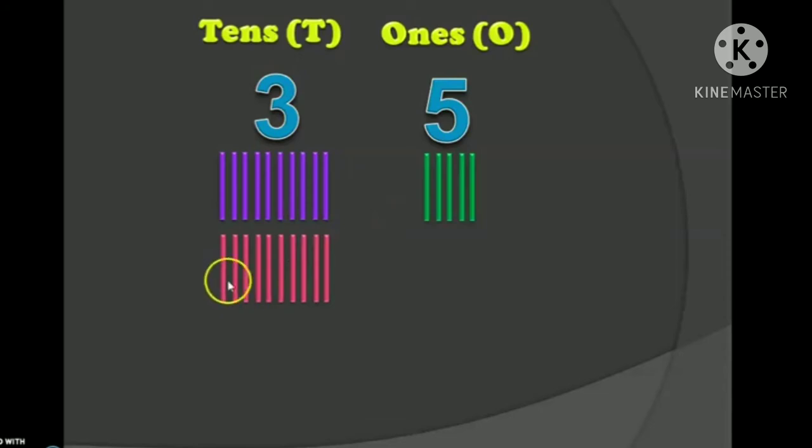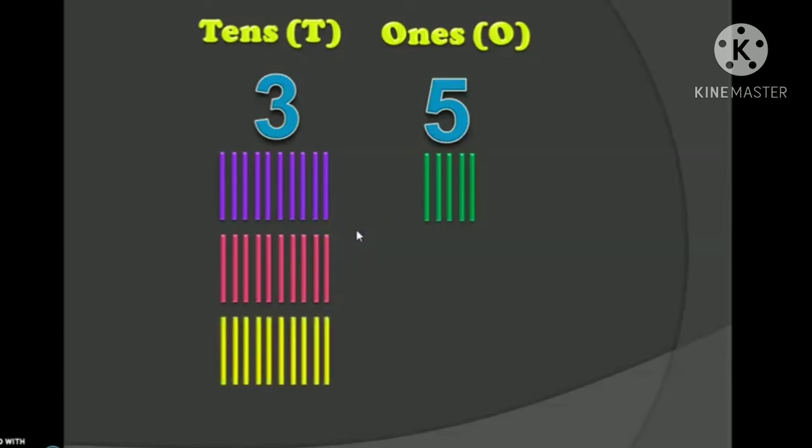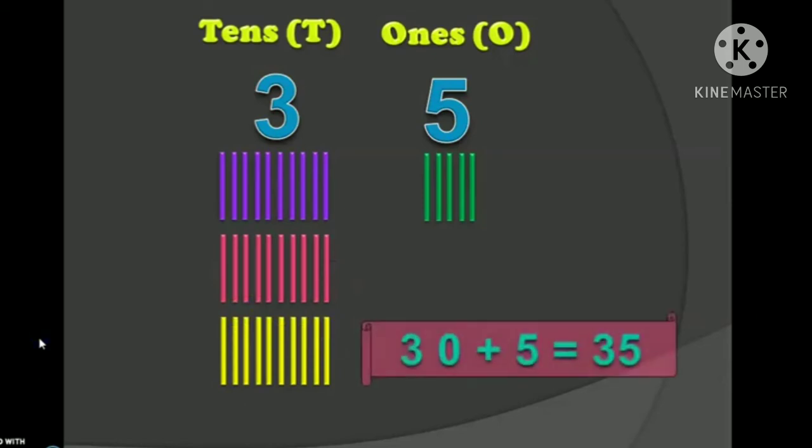Now, there is another 10. So, we have 2 tens now. We need 3 tens. So, we need to add one more set of tens. So, here we have 3 sets of tens. So, how much does this make? 10, 20 and 30. So, we have 3 tens as 30 plus 5 ones, which is 35.